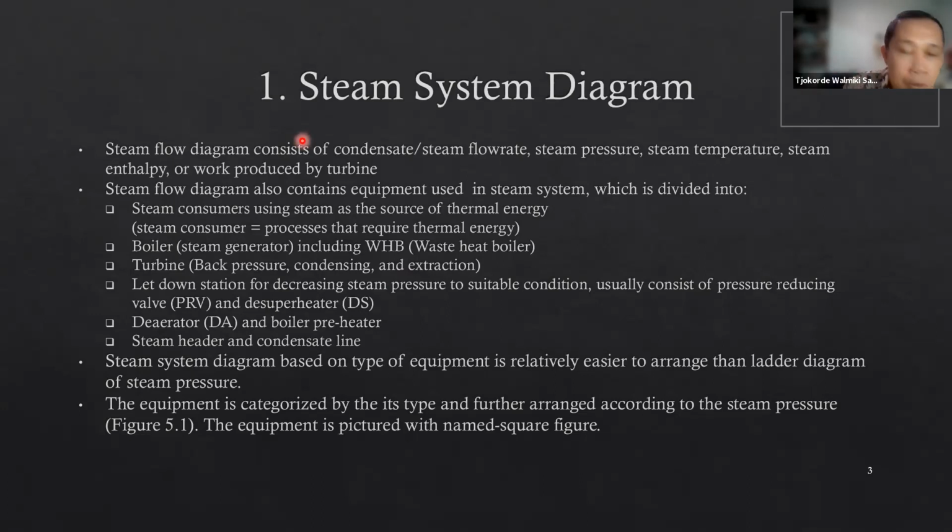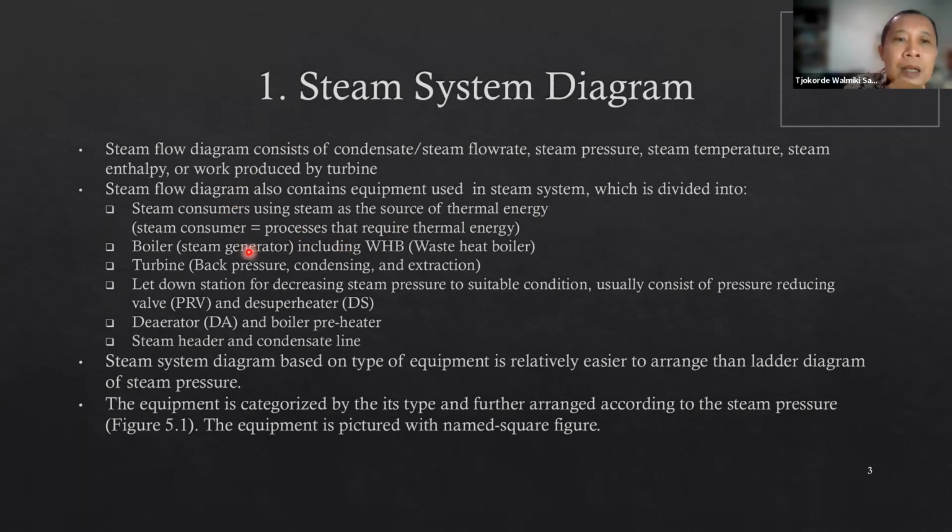Typically it shows these variables, and also contains equipment used in the steam system, which is divided into steam consumers, which use steam as the source of thermal energy. These would be the processes that require thermal energy in the form of steam. Any process equipment, for example, a reboiler. Distillation tower reboilers are an example of a steam consumer. Steam turbine, and many more.